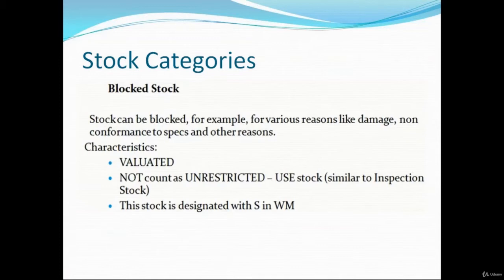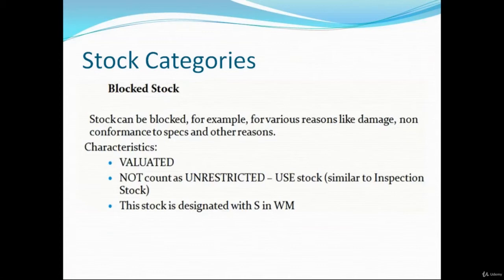So SAP at any point of time will know how many items are present in the blocked stock, with what reasons, whether it is damaged or not meeting the quality inspection or quality standard, etc. So full track and trace of the material, if it is at WM level also, is tracked for the blocked item.